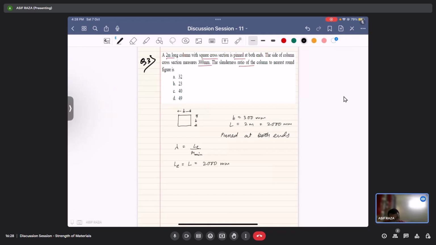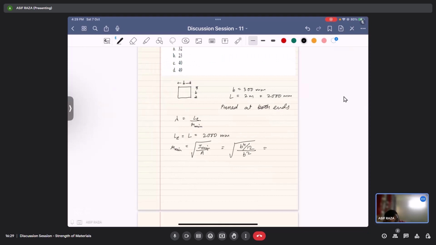To find R minimum, it would be equal to root of I minimum upon area. Since it's a square, I minimum would be B to the power 4 upon 12 and area would be B square.